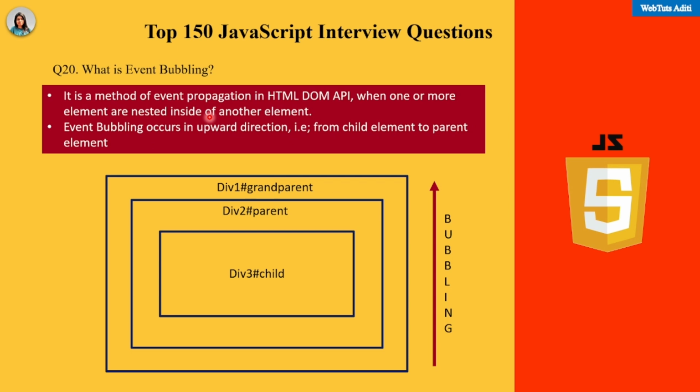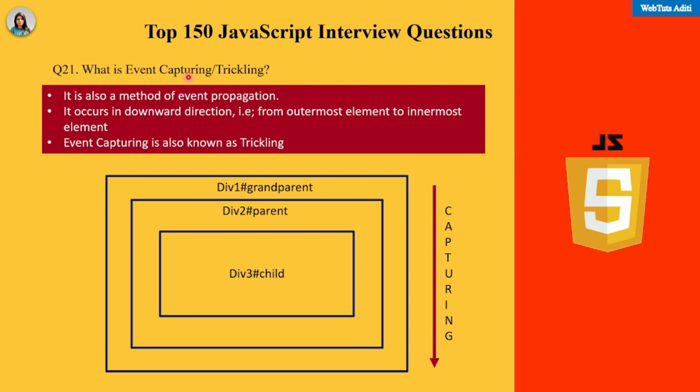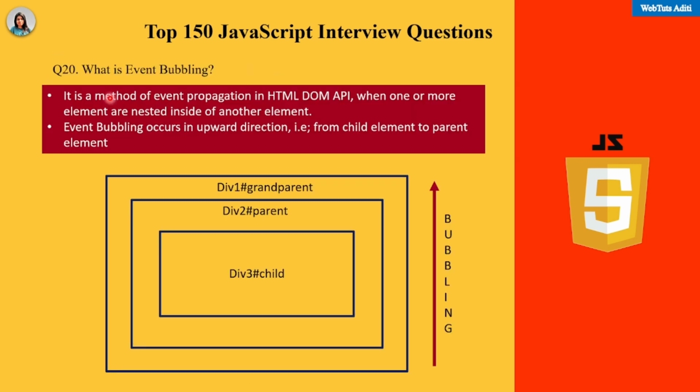Now the next question is, what is event bubbling? Event bubbling and event capturing go hand in hand, so I'll explain them side by side. This question is regarding event bubbling and this one is regarding event capturing. Event bubbling is a method of event propagation in the HTML DOM when one or more elements are nested inside another element.